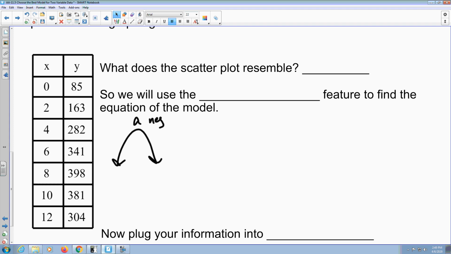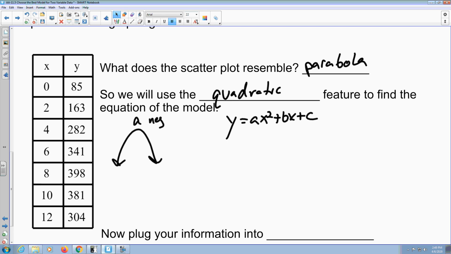So I'm guessing that this resembles a parabola. So that means that our equation is going to be quadratic. So it's going to be y equals ax squared plus bx plus c. And we know because it's upside down, we know that this one's going to be a negative value.